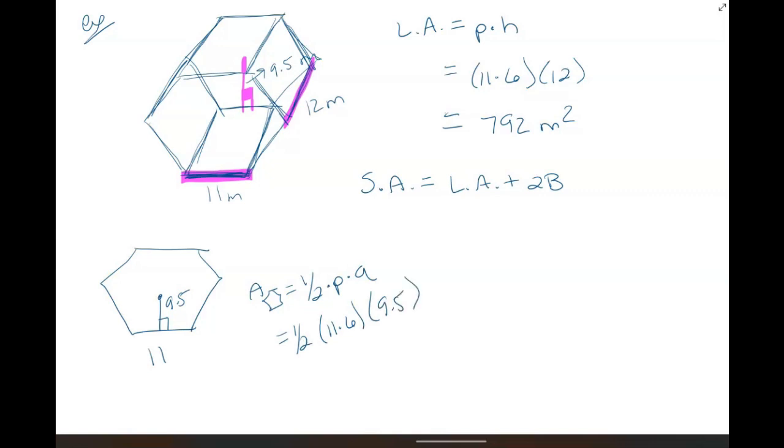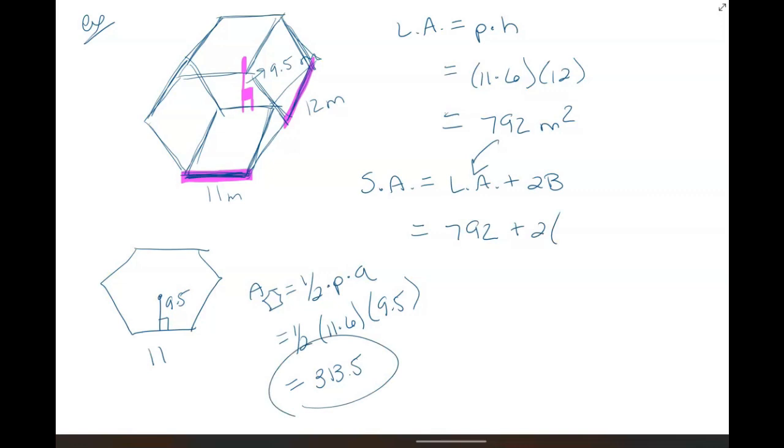If you multiply that together, you're going to get 313.5. Now we have all of the information to put together. So the lateral area goes here. It's 792 plus 2 times the area of the base.